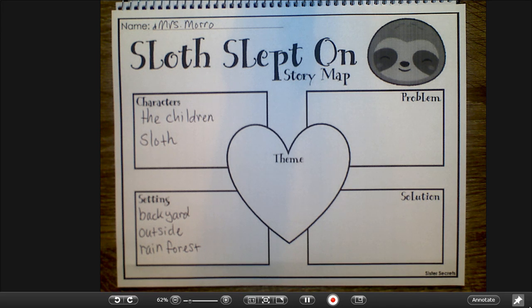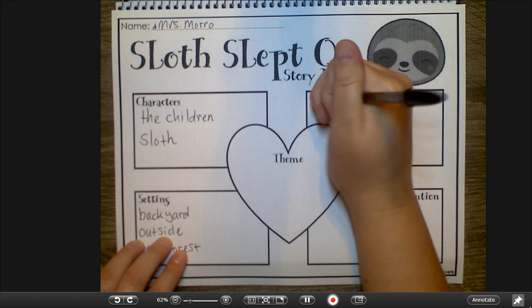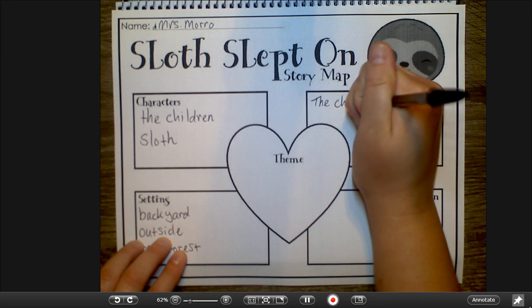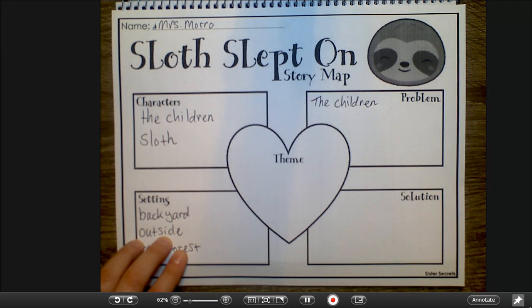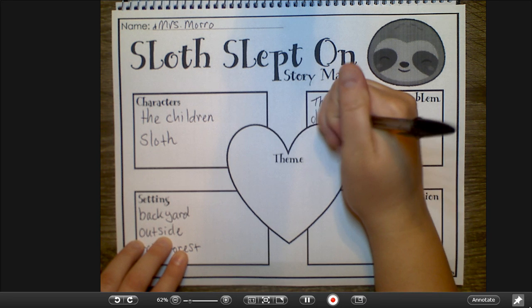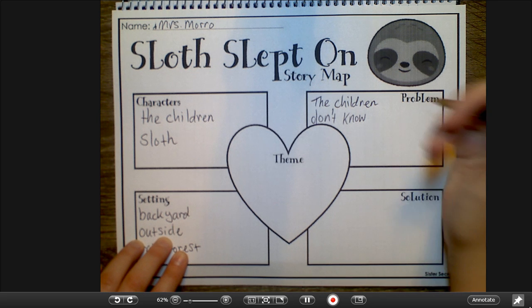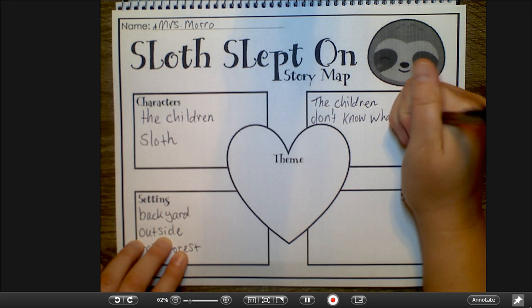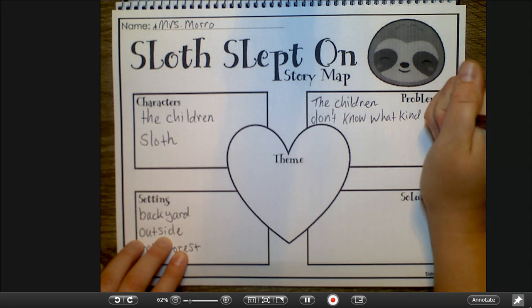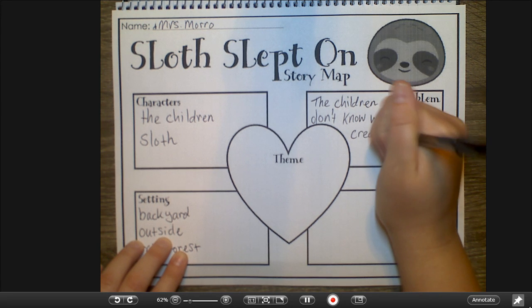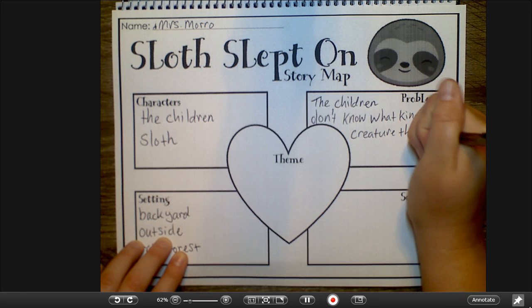What was the problem in the story? The main problem in the story was that the children found this creature in the backyard, but they don't know what it is. So we're going to write that. We're going to say, the children don't know what kind of creature they found.